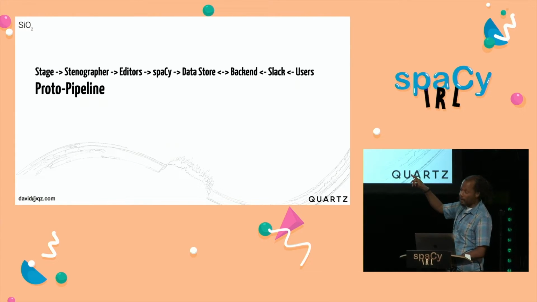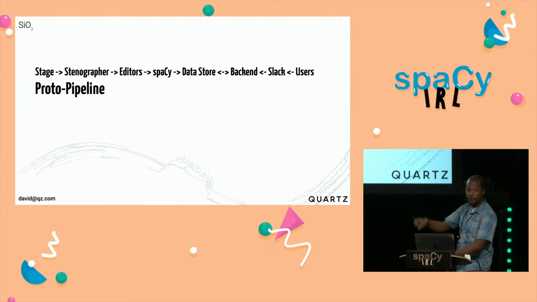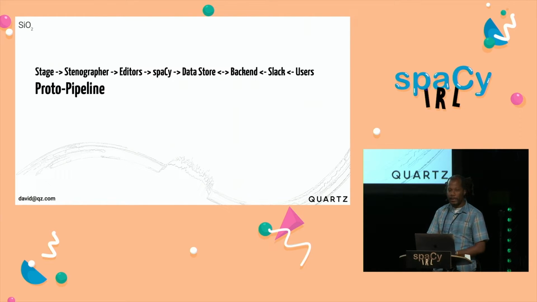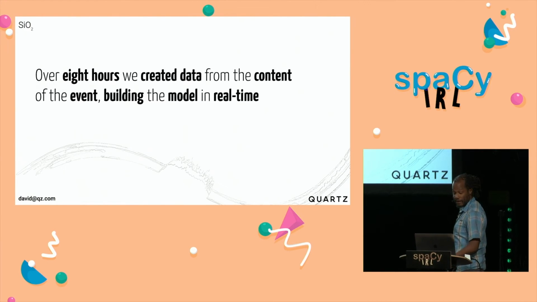Then our own content editors would take the stenographer's text, give it a spot check to make sure it was fine, and pass it through spaCy, which then went to a data store, a backend that attached to Slack, and the users could go on the spot and query what was happening on the stage. So a speaker coming off the stage was able to walk out into the lobby and see a quote from their presentation live on the monitors outside. That was a pretty fascinating undertaking.